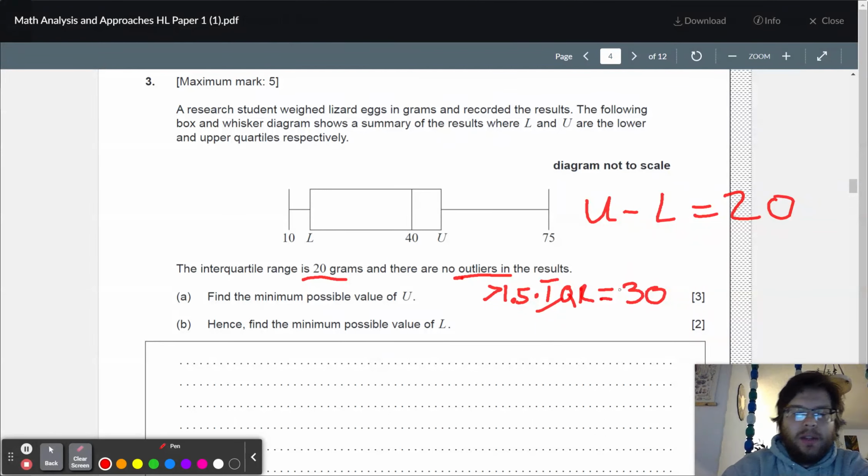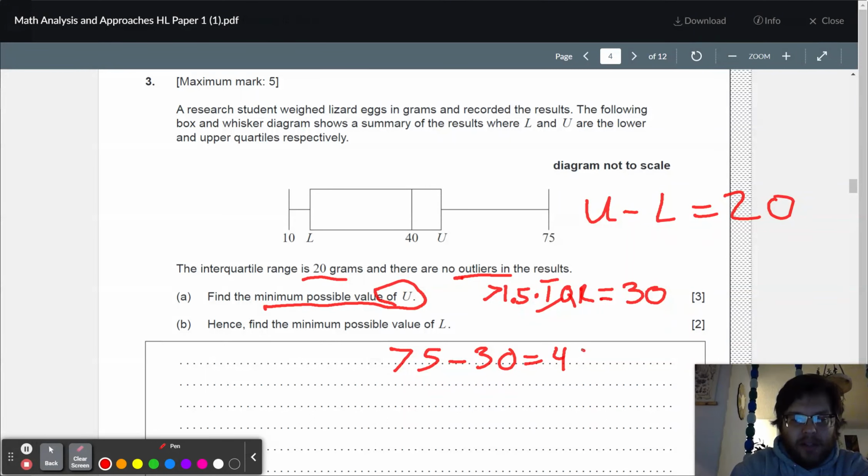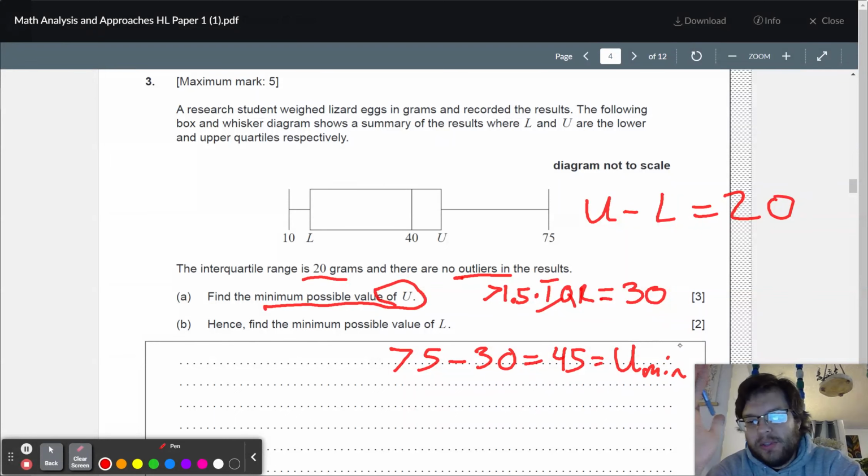Okay. So it says here, find the minimum possible value of U. And so the minimum possible value of U has to be 75 minus 30, which is 45. And that's the minimum possible value of U. Because if U was anything less than 45, then 75 would be too far away from the quartile.